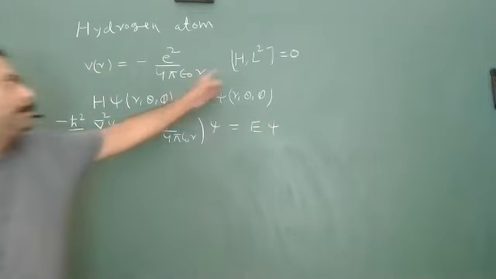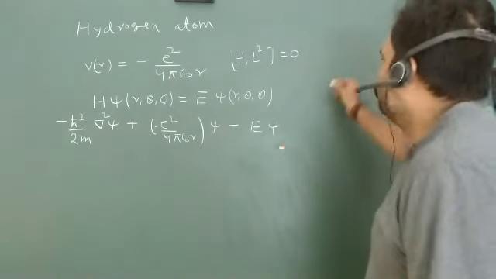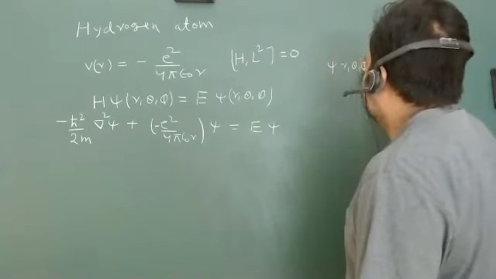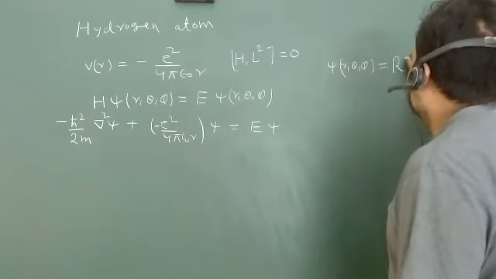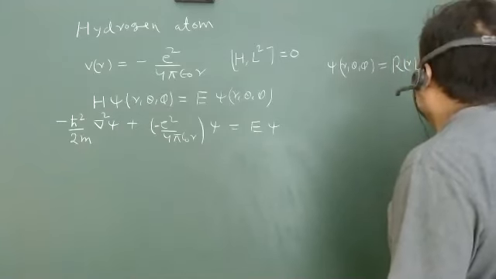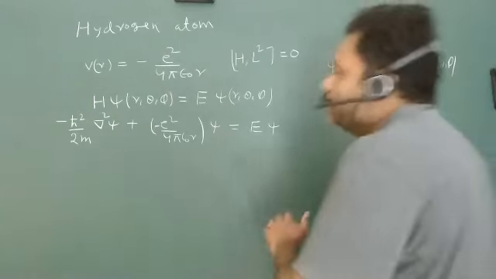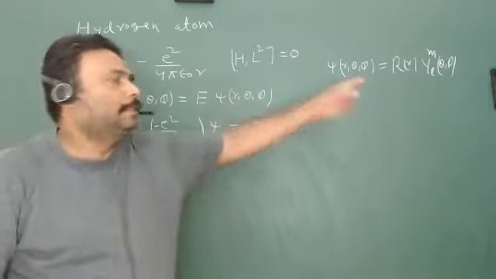And from this concept, we can write psi of r, theta, phi as nothing but the radial part of the wave function times Y_lm always. And last class, we deliberately solved one problem completely, showing how this is going to work.